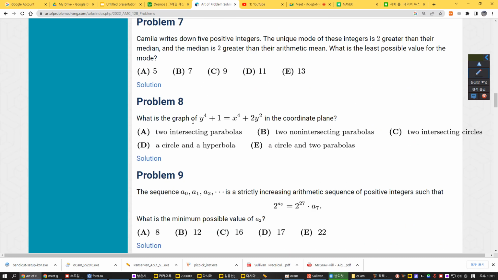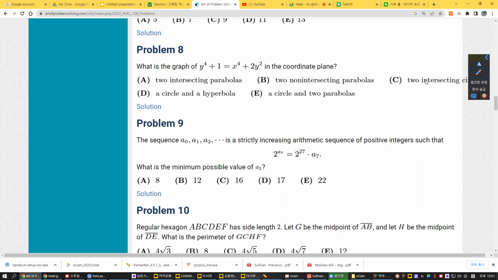Yep, so we need to look at number 8. So when you make the perfect square with this, what type of conic section comes out? So it's, hmm, okay.